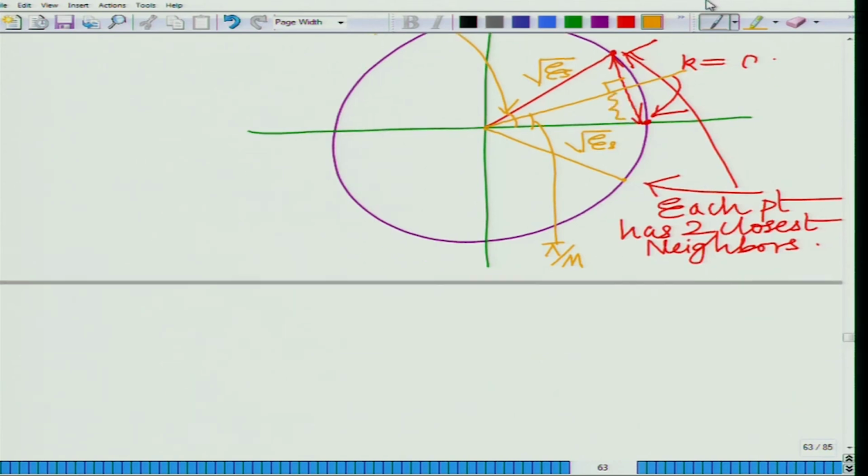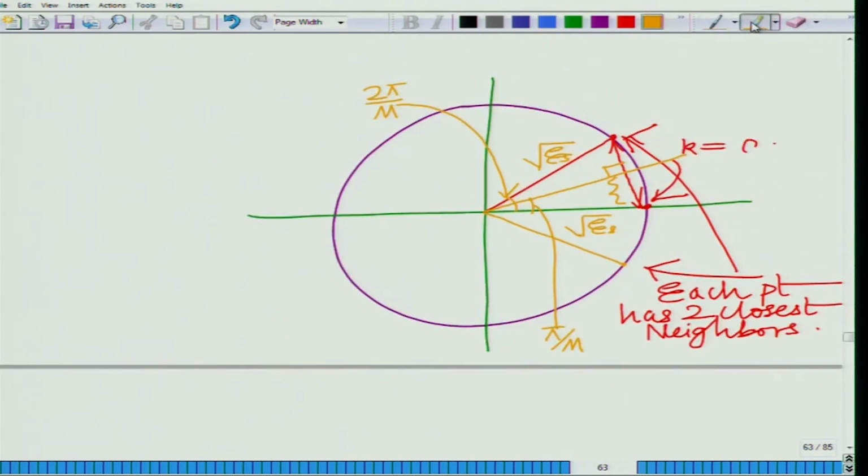Therefore, for this half of the distance, d min by 2, you can verify this is equal to square root of Es into sine pi by M. That is an important result.